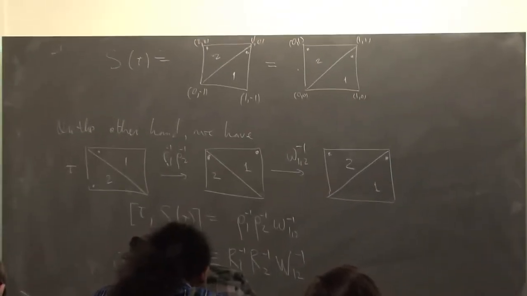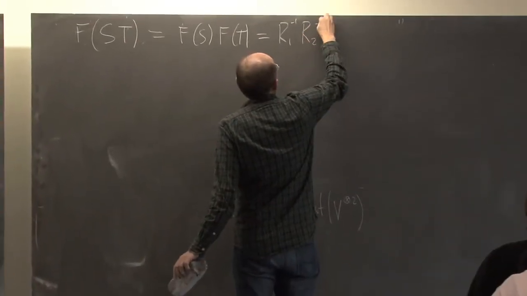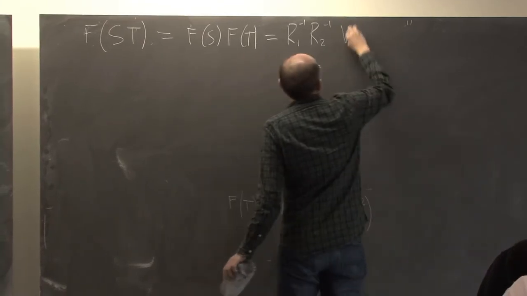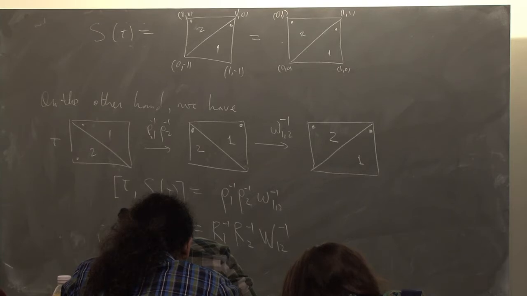So what we have is R1 minus 1, R2 minus 1, W12 inverse W12. So we simplify.